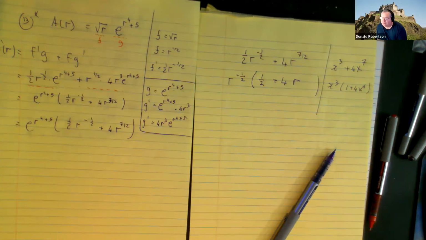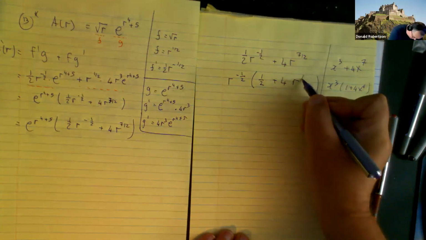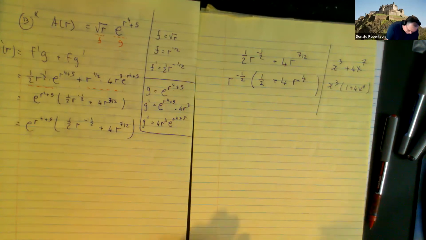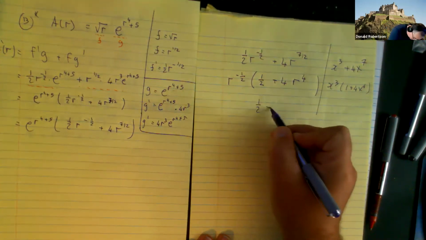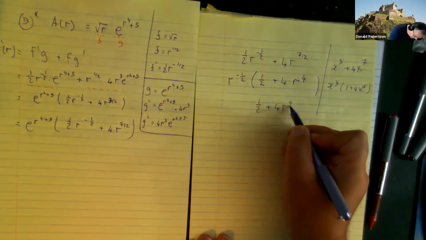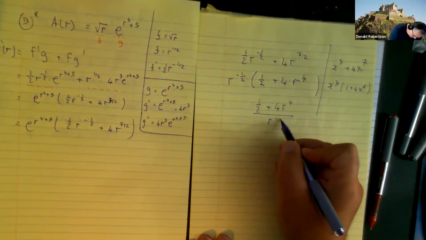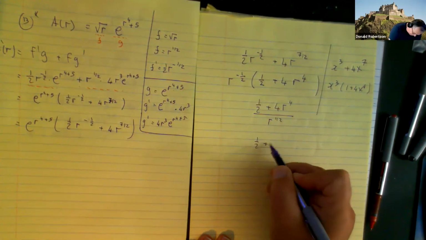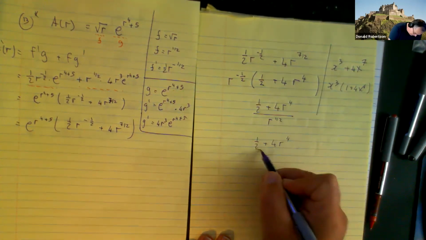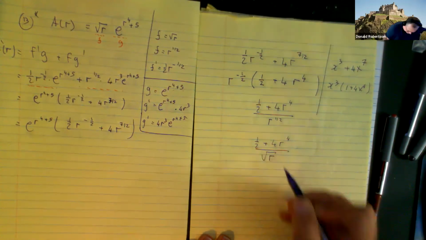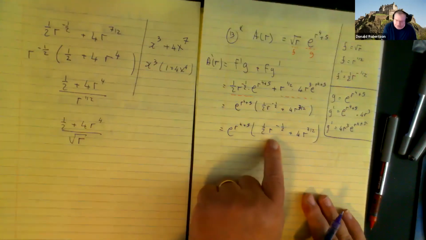You get 8 halves, don't you? And 8 halves is 4, which means this can now be called that guy, which in turn becomes that guy. So remember this answer that we had?